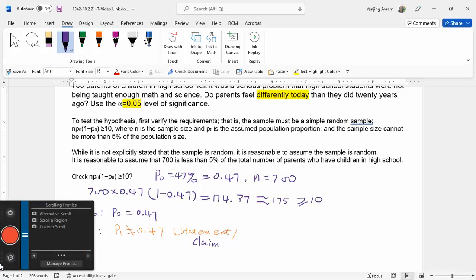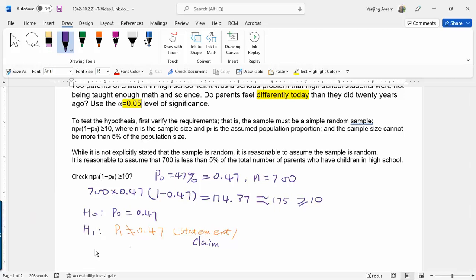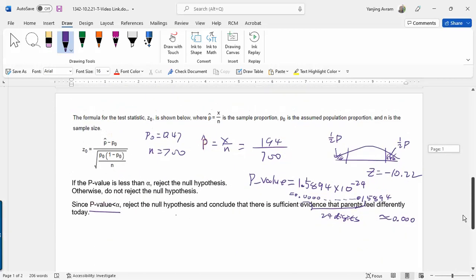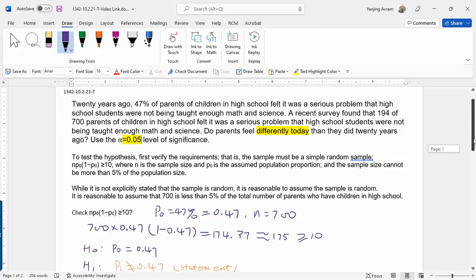So we reject the null hypothesis, which means we have enough evidence to support this statement: parents feel differently now than 20 years ago. So now we have the conclusion, and that is how to do this type of question.